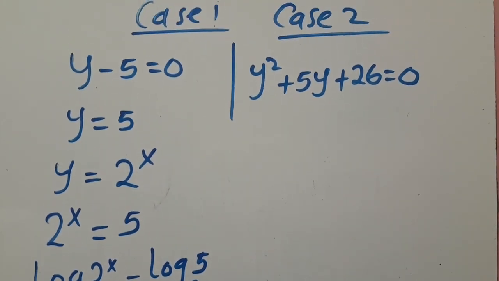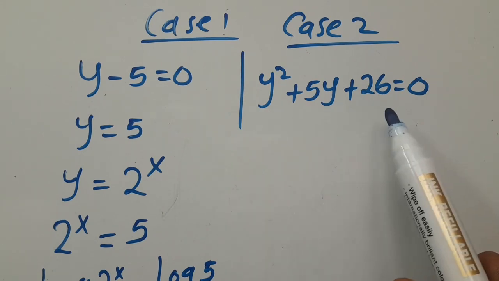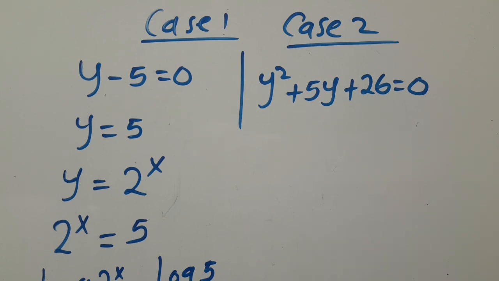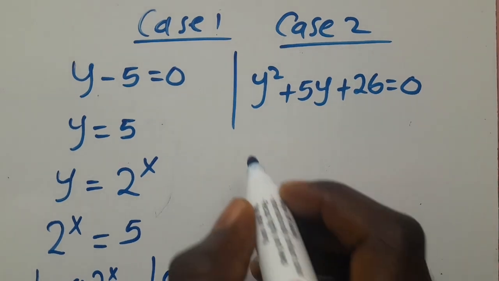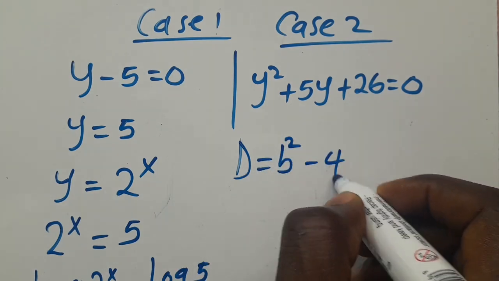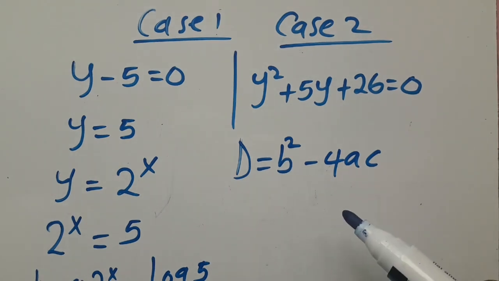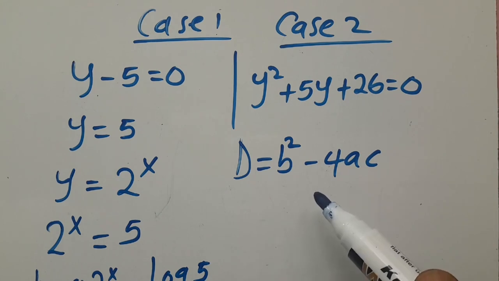So now let's go along with case 2. Case 2 says y squared plus 5y plus 26 equals 0. But before that, let us test for the discriminant, d equals b squared minus 4ac. The reason why I want to test is to see whether we are going to have a real solution or a complex solution.